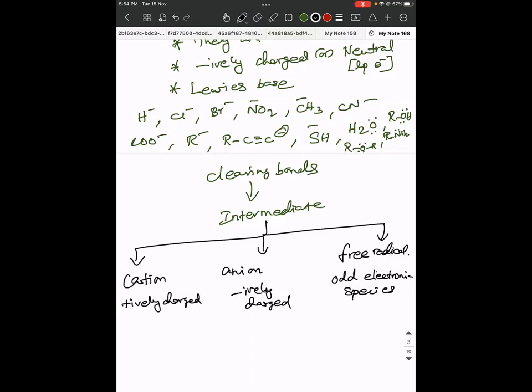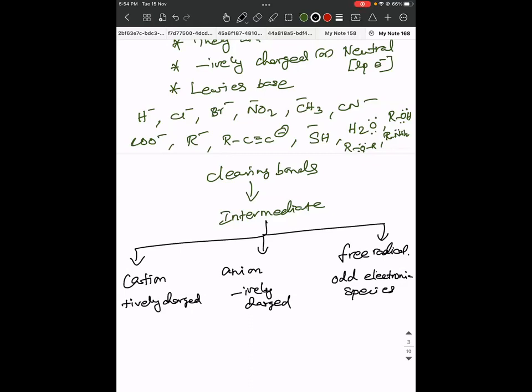When the carbon is positively charged, it will attach three atoms, three groups. It will undergo sp2 hybridization. When the carbon is attached to three atoms, what hybridization? sp2, correct.